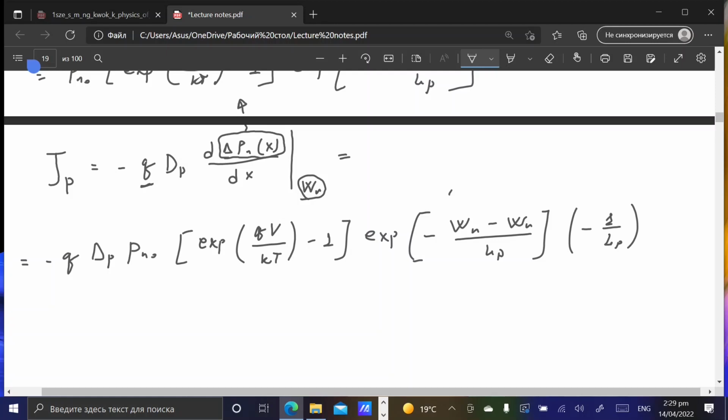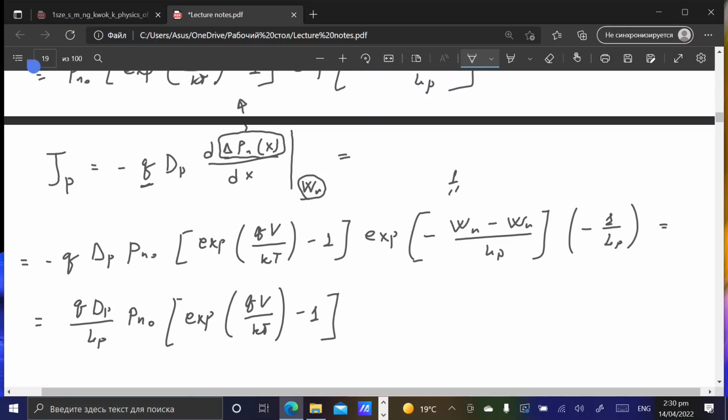So this factor will be unity because the argument of the exponential function is 0. So that will be Q times DP divided by LP times Pn0 times exponent of (QV divided by KT) minus unity.